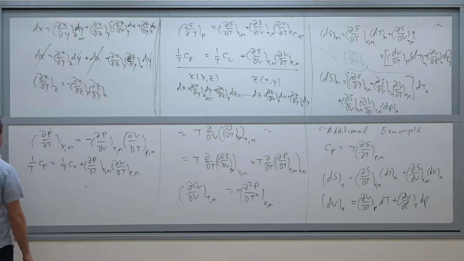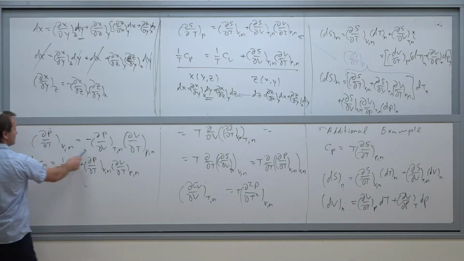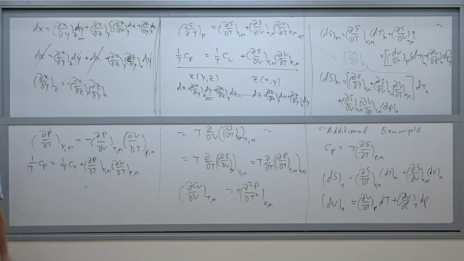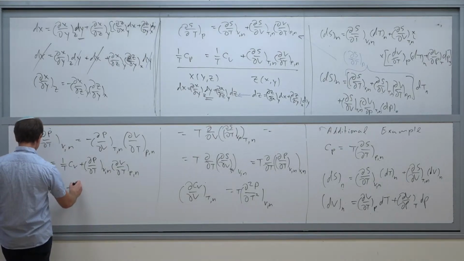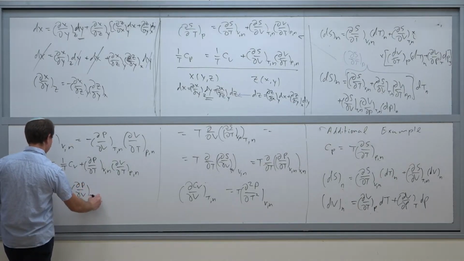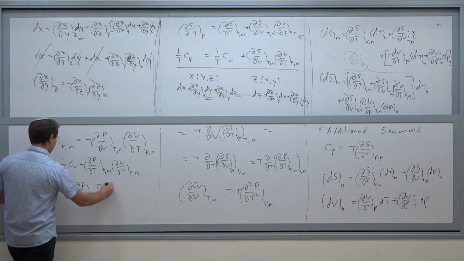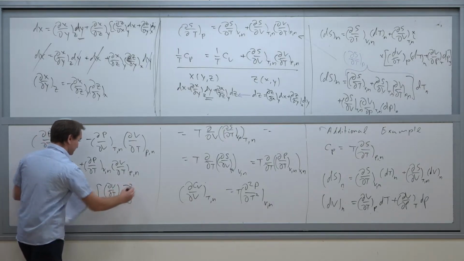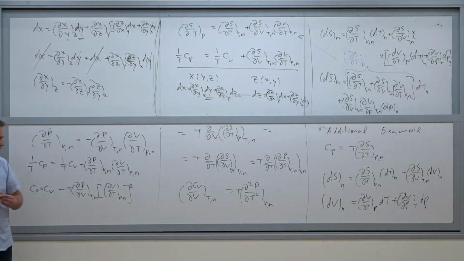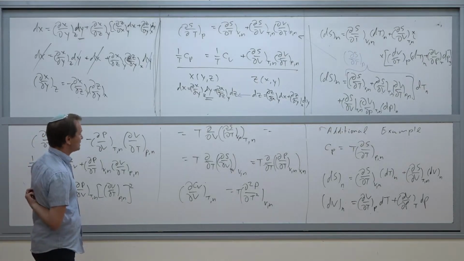Okay. Now we are taking this dp dt v and n and substituting it, and we obtain the following relation: cp equals cv minus t dp dv t and n times dv dt p and n squared. So it's a little bit lengthy calculation, not very interesting.